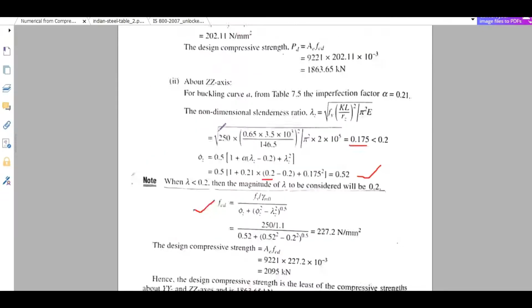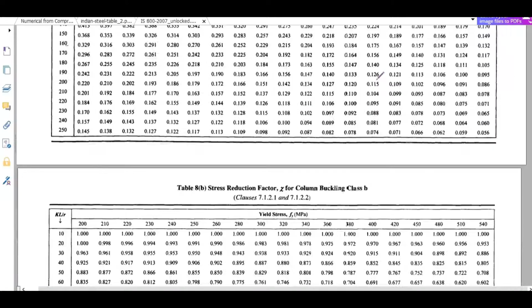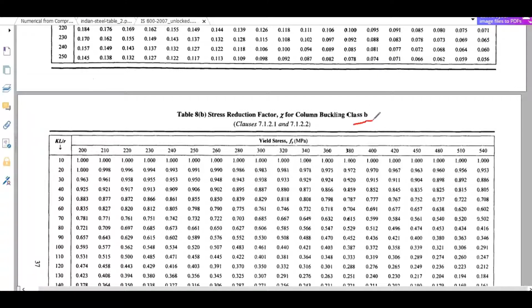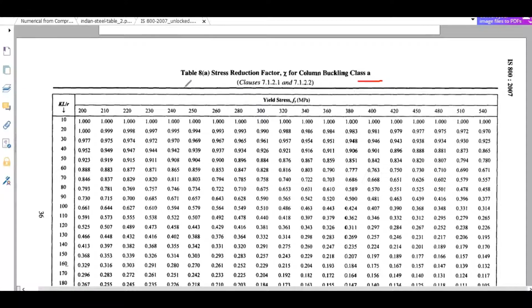So we have to go to table 8a for the z-axis, and for the y-axis you have to select table number 8b. How can we use this table? In this stress reduction factor table, there is the yield stress, and here there is KL by R. You have to see what your KL by R is, and again do the interpolation method.